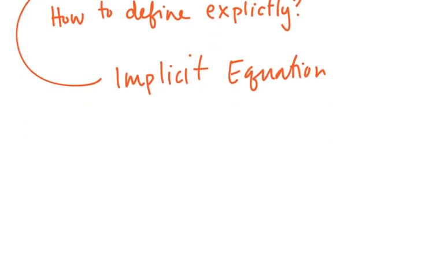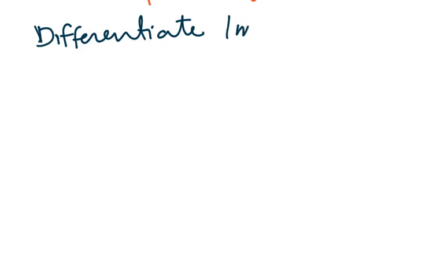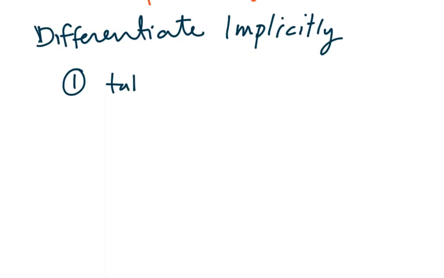So in order to differentiate implicitly, the operations that we're going to do is, one, we're going to take the derivative on both sides with respect to x.